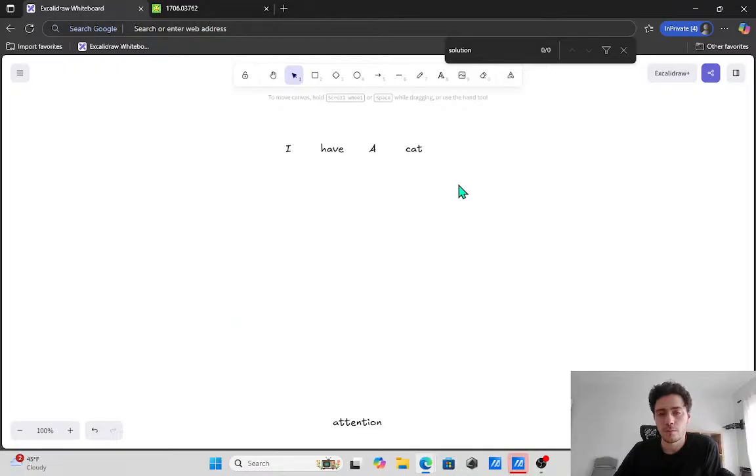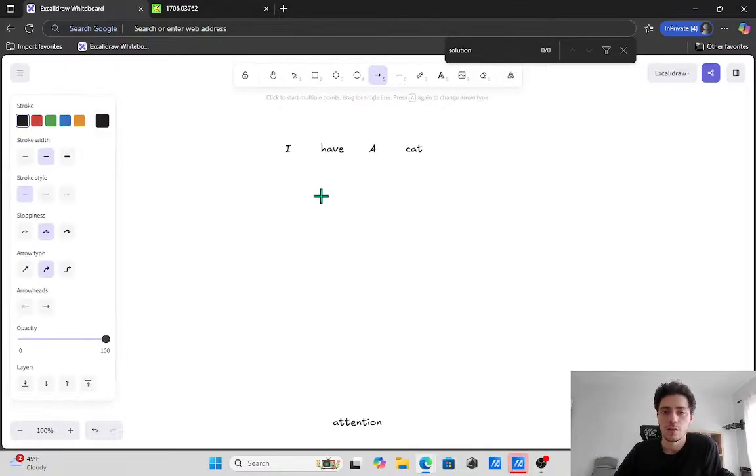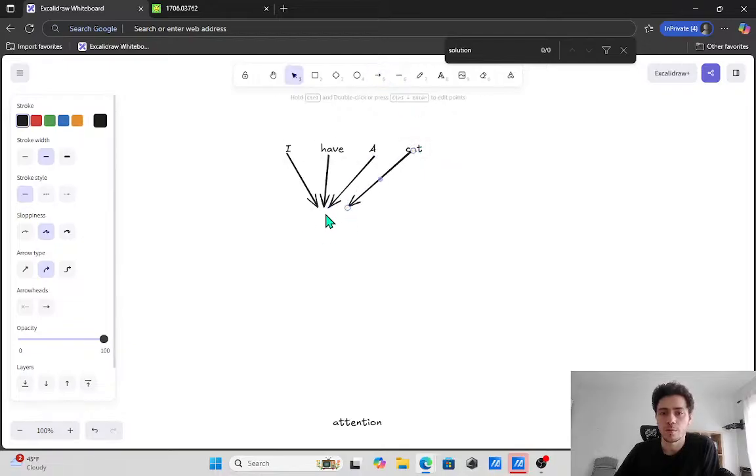So usually we're doing next word prediction, and we have the word I, and we're trying to predict the next word.